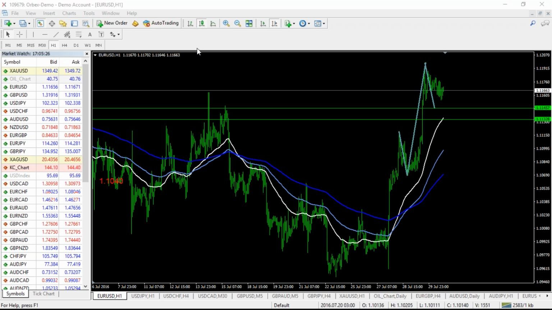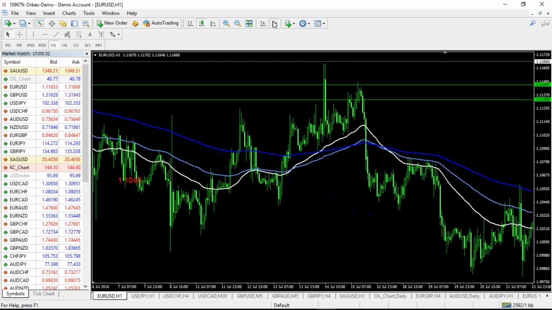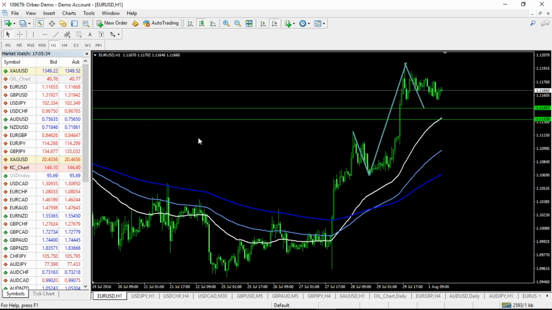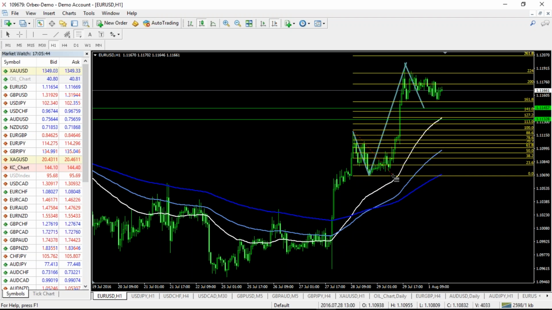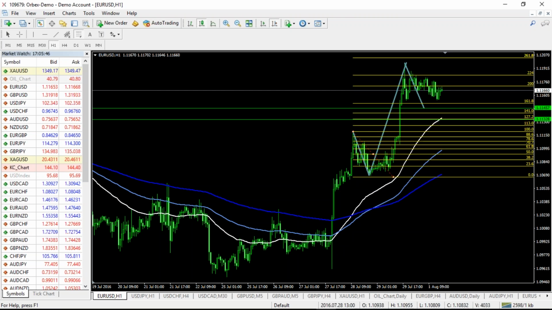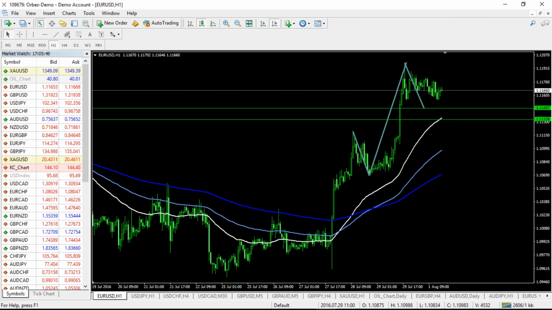Okay, and let's see. Yeah, it's quite nice, this one. If I just move that one up. Let's use a bit of Fibonacci and pull this A to B and look at where they end, at the 224, not too bad.